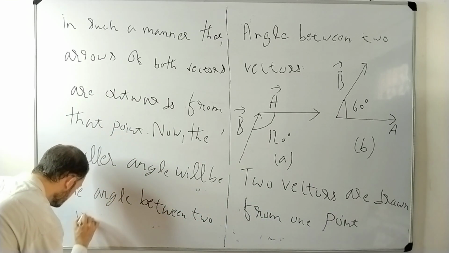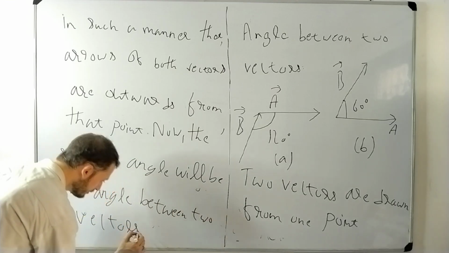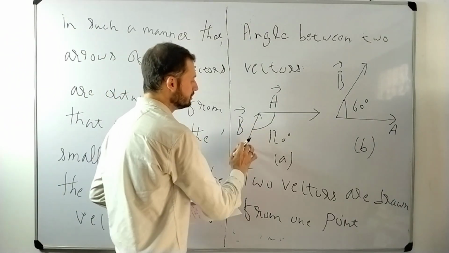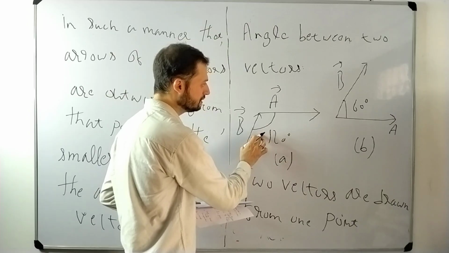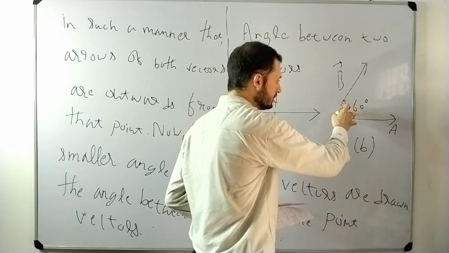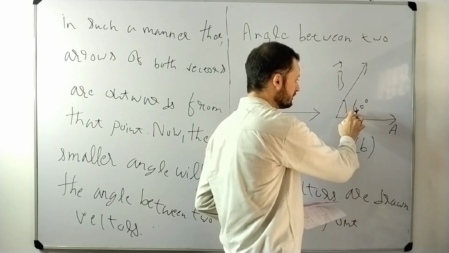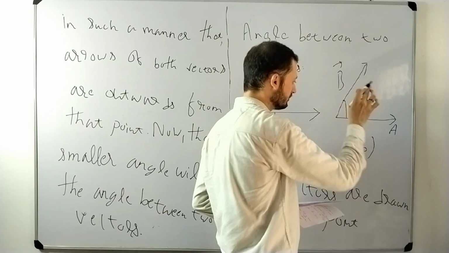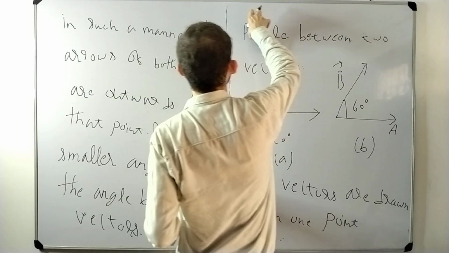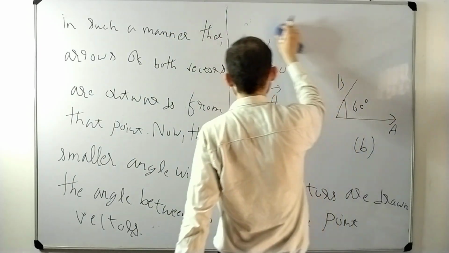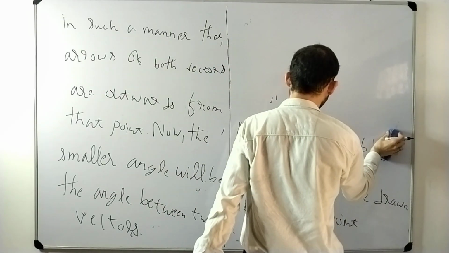This is what happened there: B and A were two vectors. 120 was the apparent angle between them, but the angle between them should be 60 degrees after parallel transporting. So theta, the angle between the two vectors, is 60 degrees.